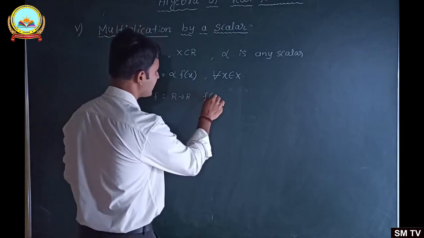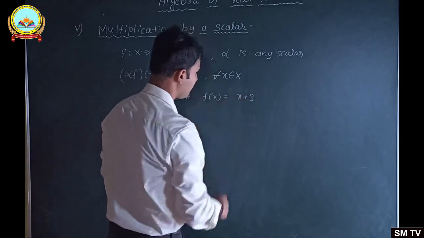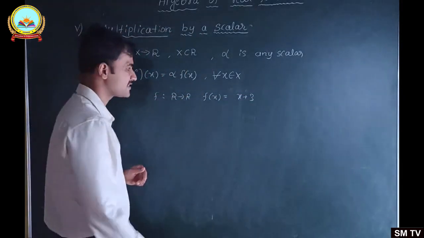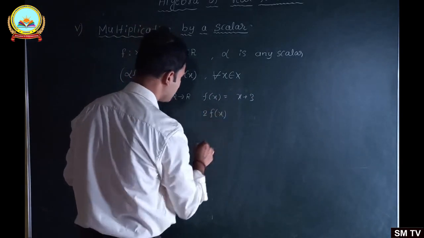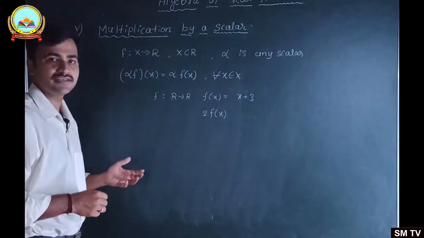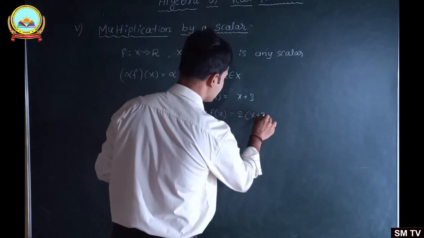For example, let me consider f is a function from R to R, given by f of x is equal to x plus 3. Find 2 into f of x.